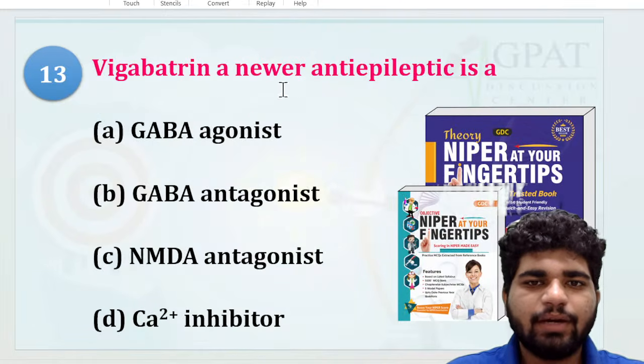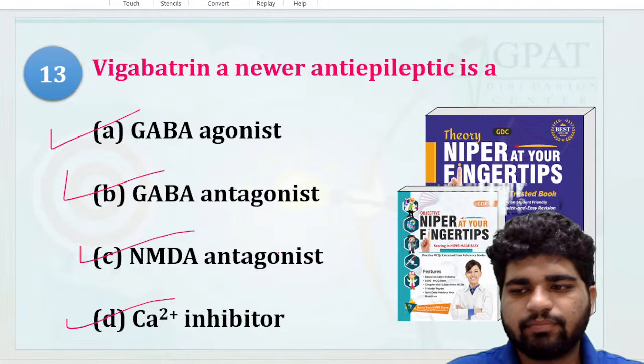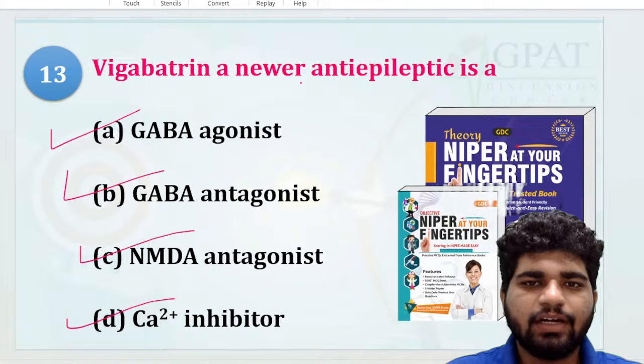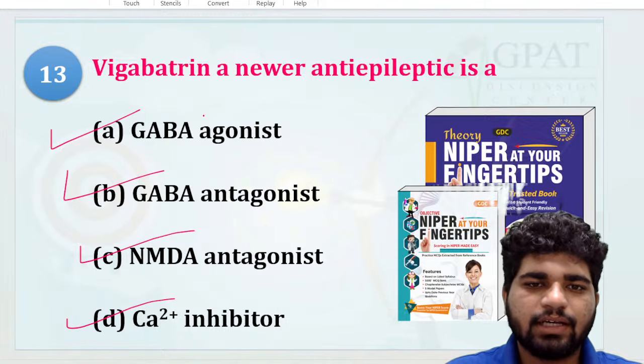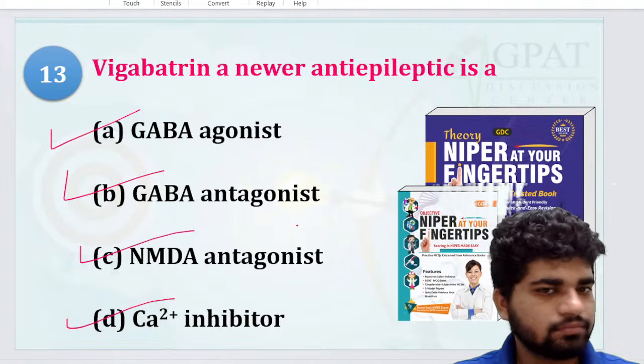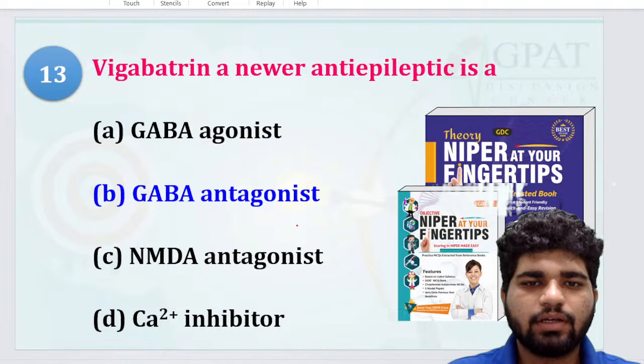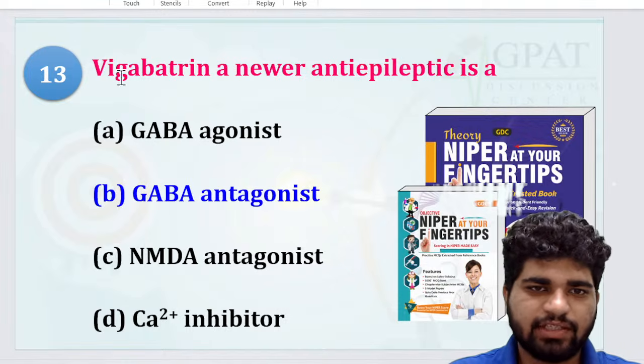Vigabatrin is a newer anti-epileptic drug that is what? GABA agonist, GABA antagonist, NMDA antagonist, or calcium inhibitor? That is your GABA antagonist, obviously.